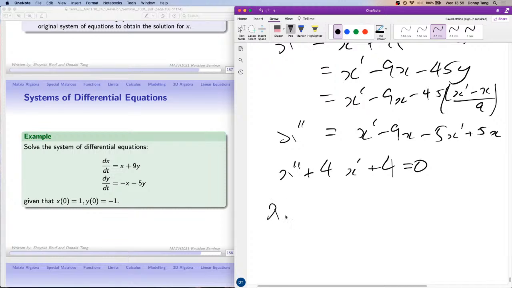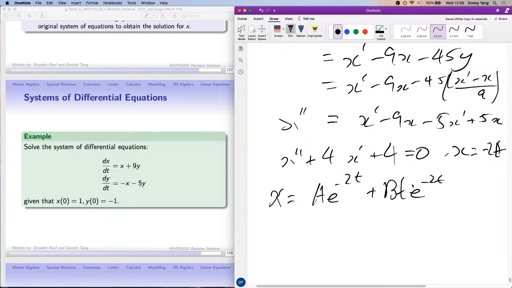You get x equals a e to the power of negative 2t plus b e to the power of negative 2t, because solving this quadratic gives you a solution of negative 2. Since the two solutions are the same, you have to multiply a t to it. Don't really worry about this.